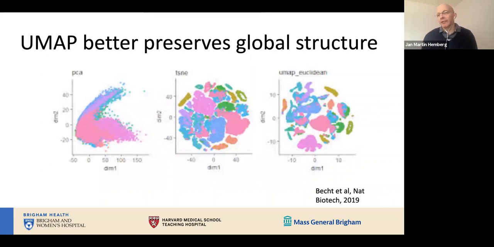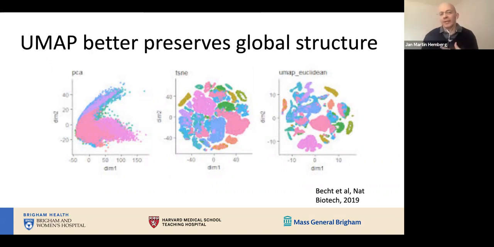t-SNE has fallen a little bit out of favor in the field. There is this newer method called UMAP, which pretty much does the same thing as t-SNE. Its approach is based on graph theoretical properties, or doing a graph analysis.